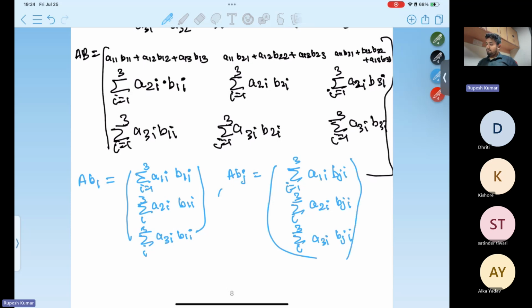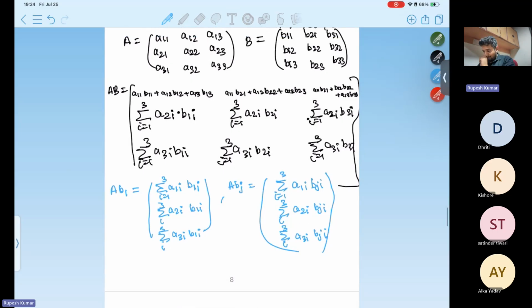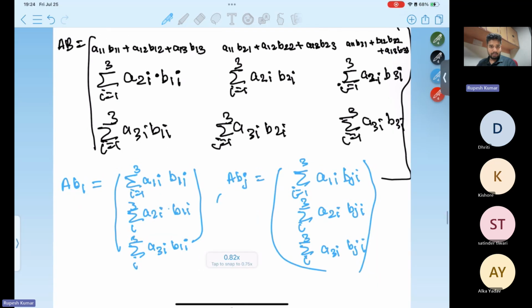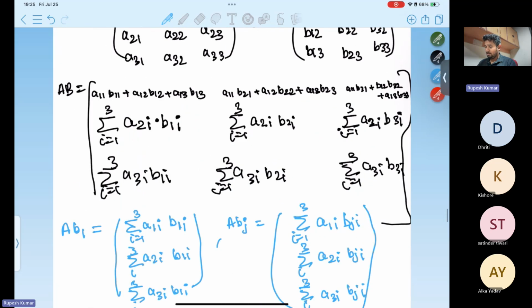And by this summation, and why I'm using BJ here, I'm simply generalizing this for any B. So you can put J equals 1, you will get the values on the left that you can see. If you put J equals 2, then you will get AB2. Similarly, AB3 can be defined.